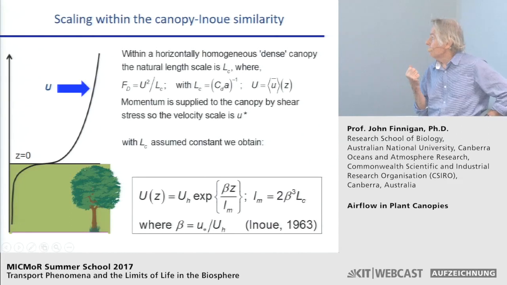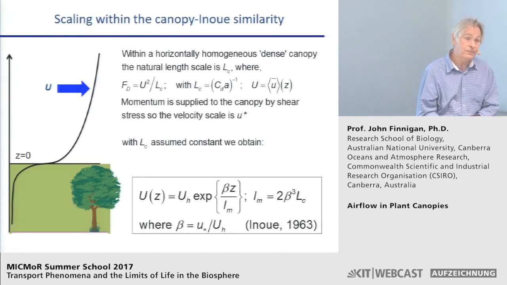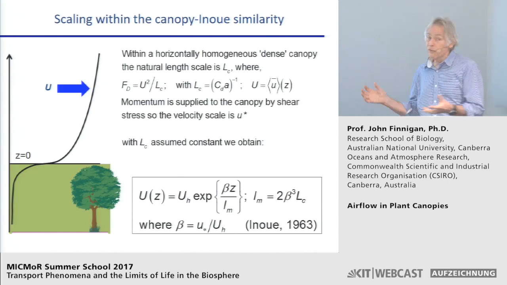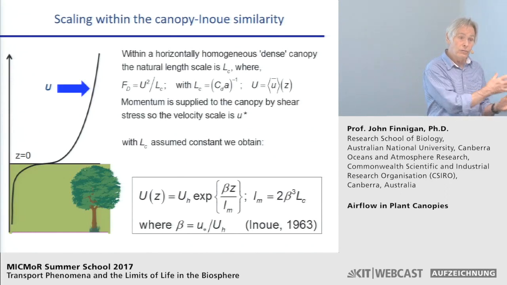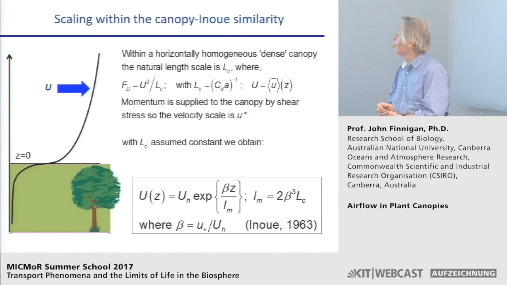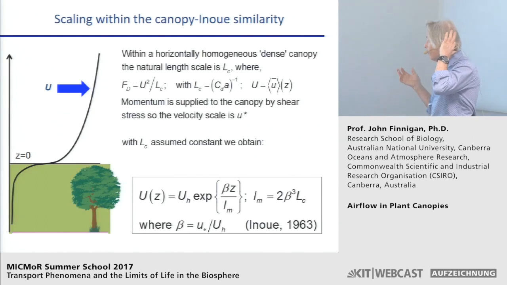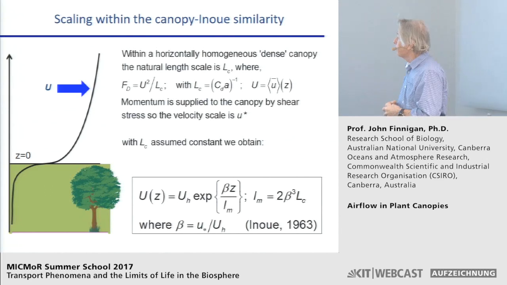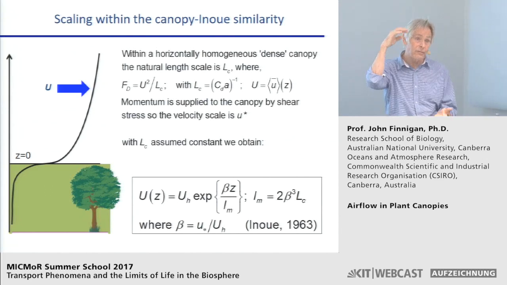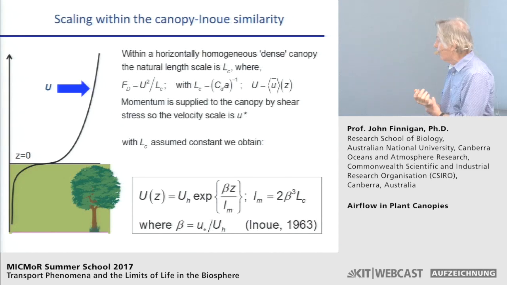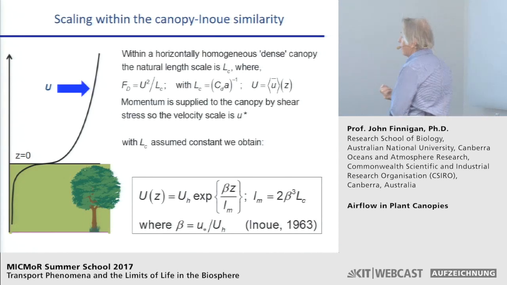Now, what happens if we go in the canopy? Now we've got something different, because now we're absorbing momentum on all the foliage. Within a horizontally homogeneous, again, this mythical landscape, homogeneous dense canopy, dense meaning that all the momentum gets absorbed before it actually reaches the soil, it's all absorbed by the foliage.